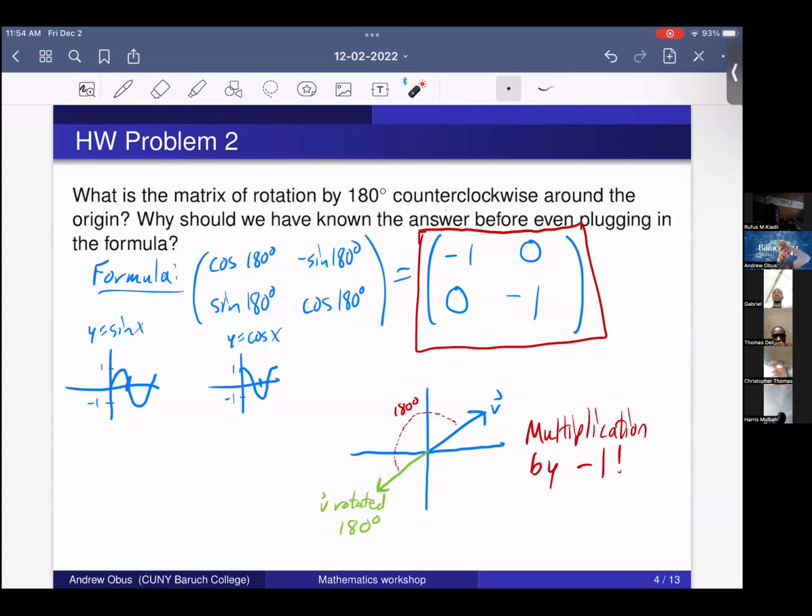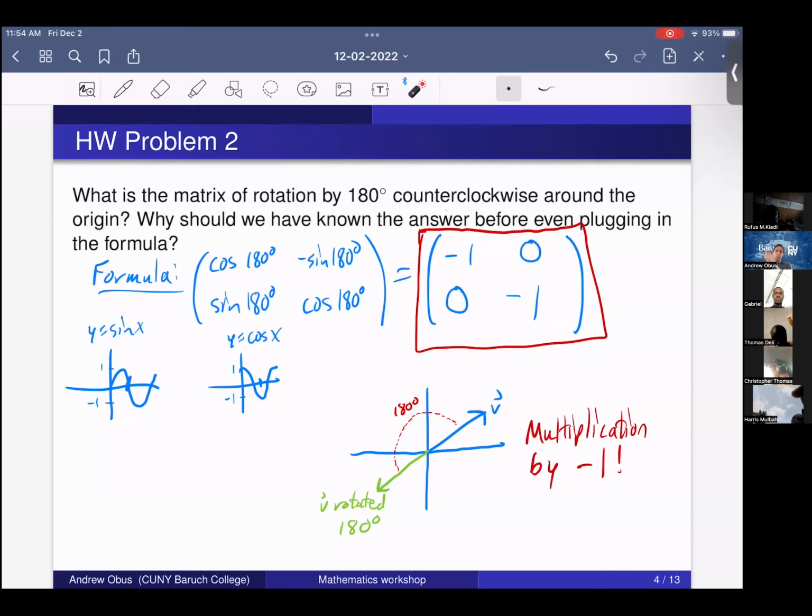So when we rotate 180 degrees, it's the same as multiplying by -1. And if you remember way back to 3 weeks ago, we saw that this was the matrix that multiplied every vector by -1. It's -1 times the identity. So even without using the formula, we know from geometry that rotating a vector 180 degrees is the same thing as multiplying it by -1, and that's the same as multiplying it by this matrix, -1, 0, 0, -1.